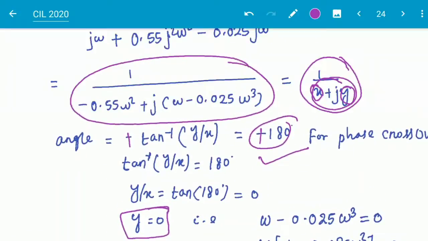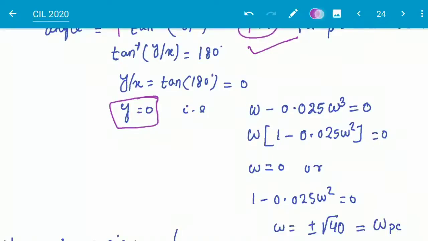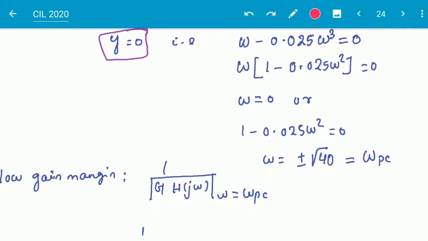Y equal to 0 means the imaginary term in the denominator is equal to 0, and if we equate it to 0, then we get omega equal to 0, or omega equal to plus minus root over 40. This is the phase crossover frequency.